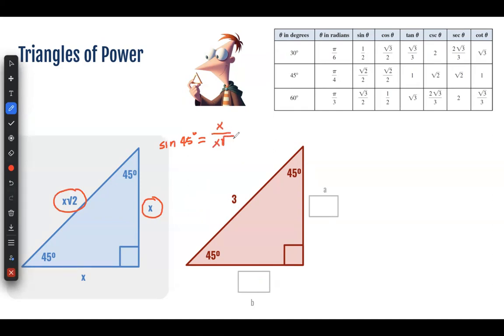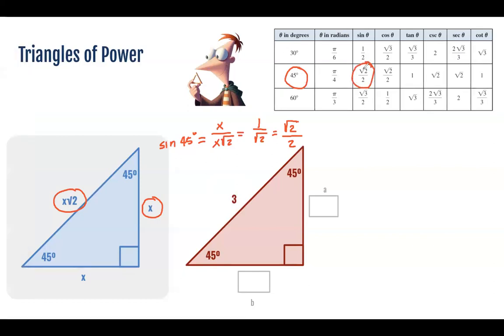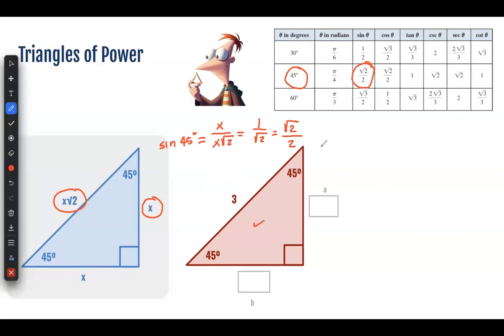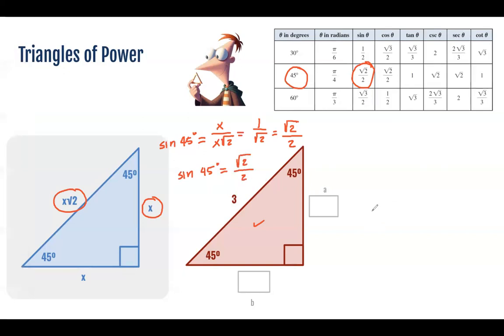So if x is 1, you're going to have 1 over the square root of 2, and rationalizing that is going to be the square root of 2 over 2. So we know that sine of 45 is the square root of 2 over 2. So the sine of 45 on this triangle as well has to be the square root of 2 over 2. That has to be true for this triangle.